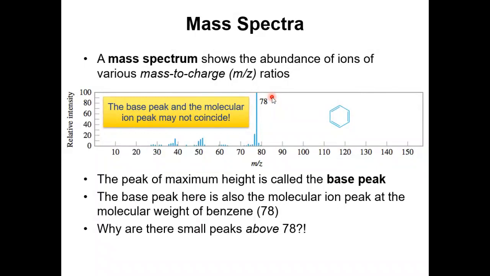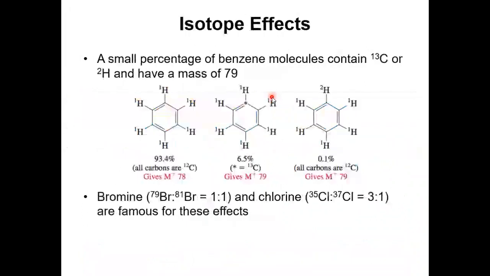So now, if you look at all benzene molecules, about 93.4% of them have all carbons as carbon 12 and all hydrogens as hydrogen 1.